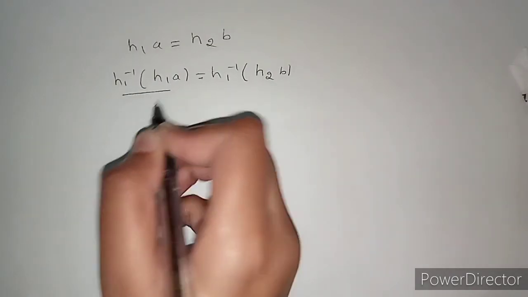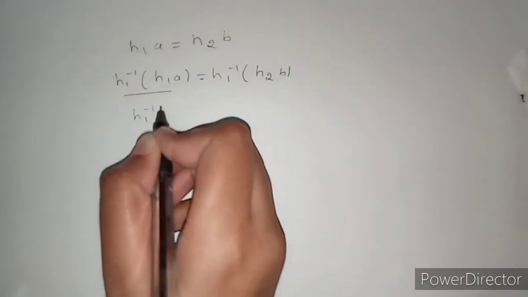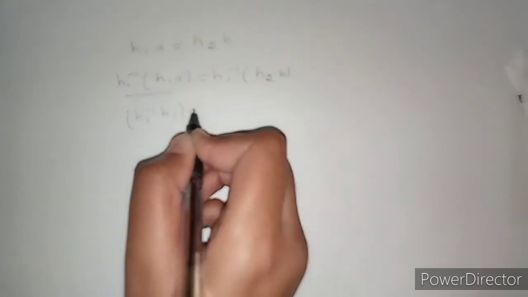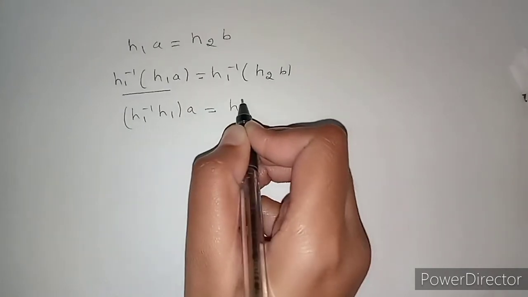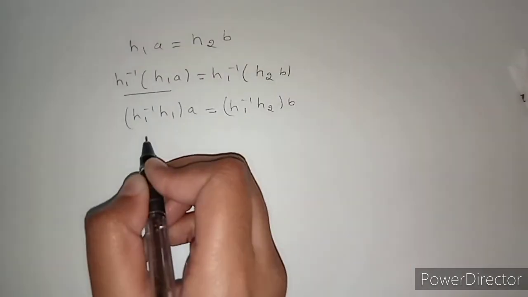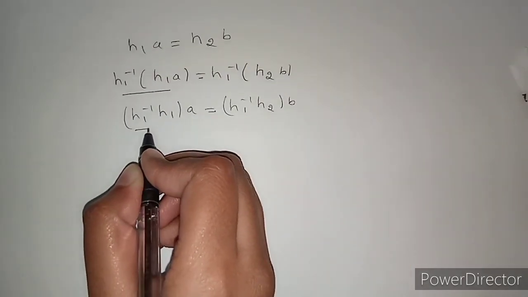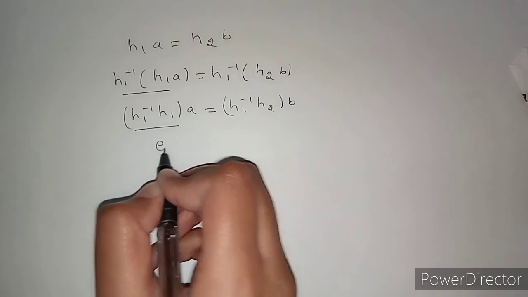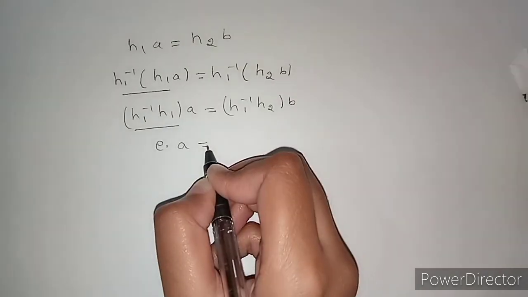Now applying associative law: h1 inverse h1, a outside; h1 inverse h2, b outside. Next, h1 inverse into h1 is e, into a.